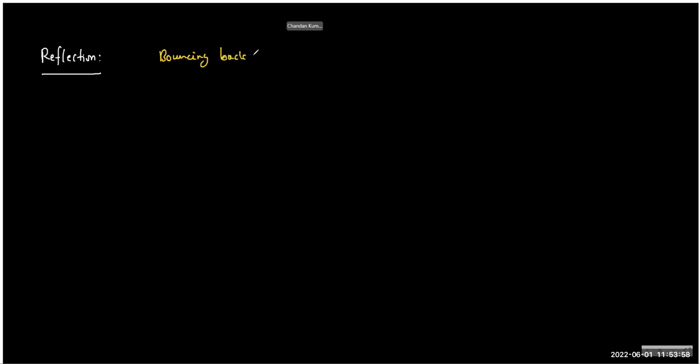So bouncing back of incident energy upon being incident on any interface into the same medium.